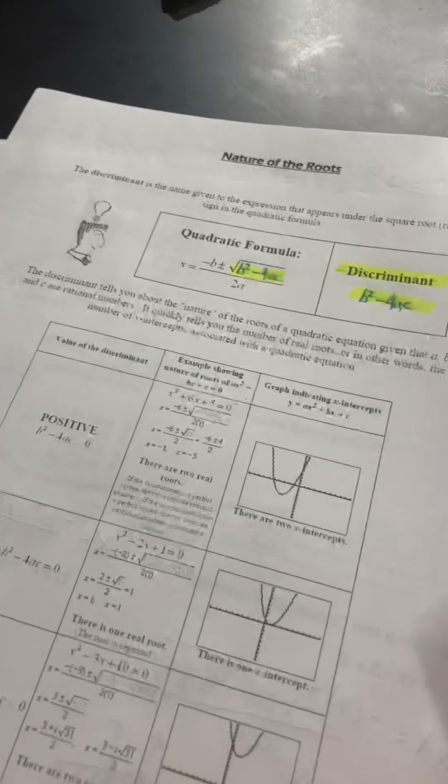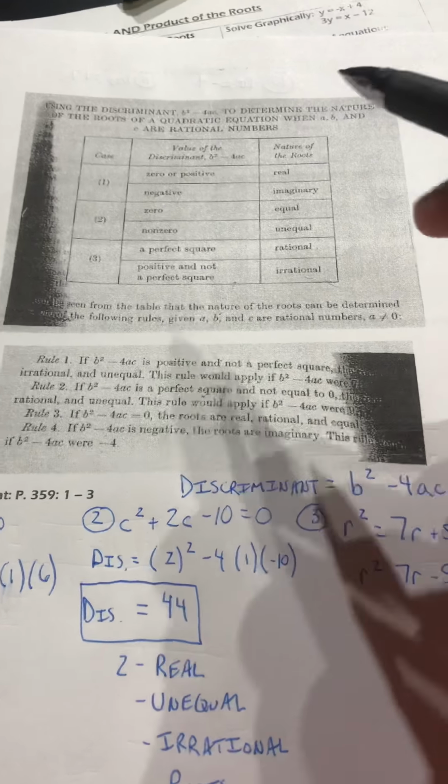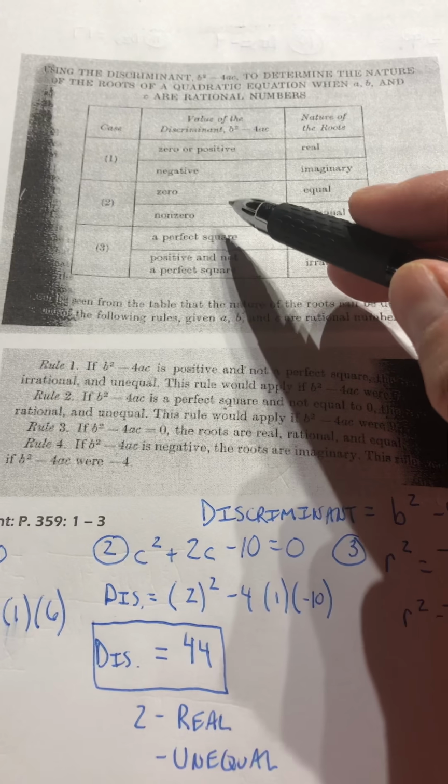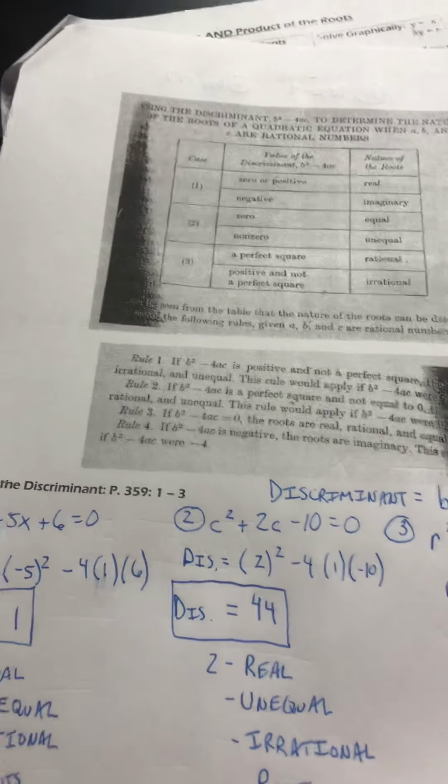Now we ask ourselves, is 49 case 2? 49 is non-zero, so therefore it is unequal.